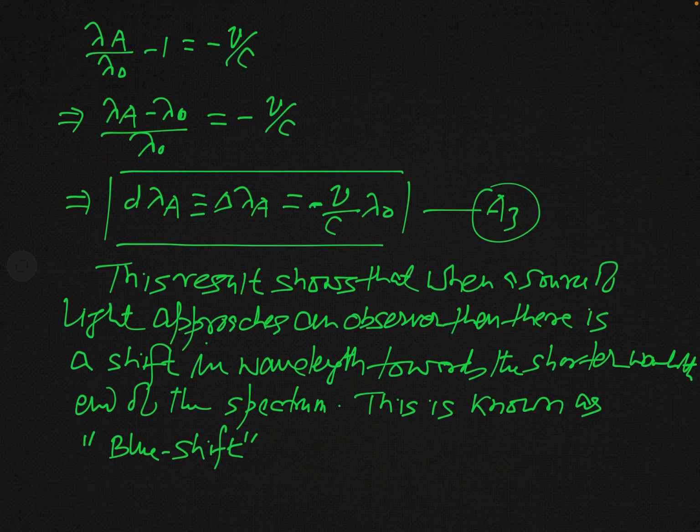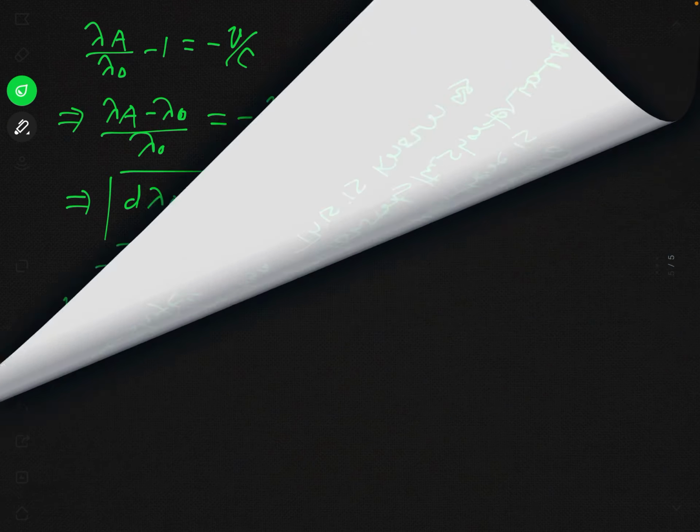So it implies that the celestial bodies are not moving towards the earth, but are either moving away from the earth or not moving. So blue shift is not observed in celestial phenomena. So this is just a theoretical idea.